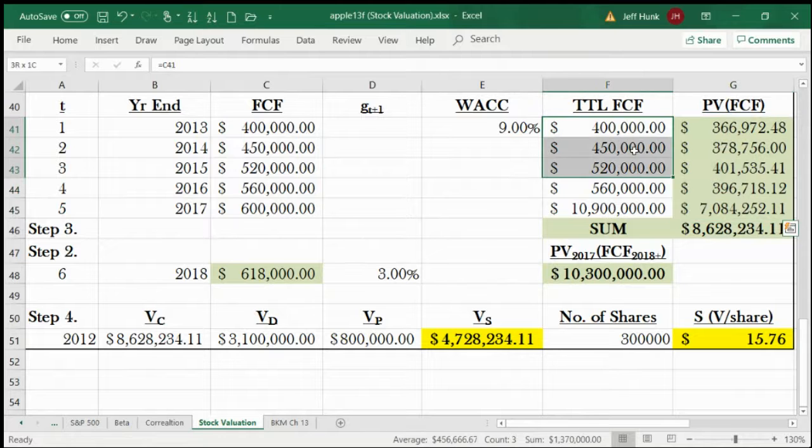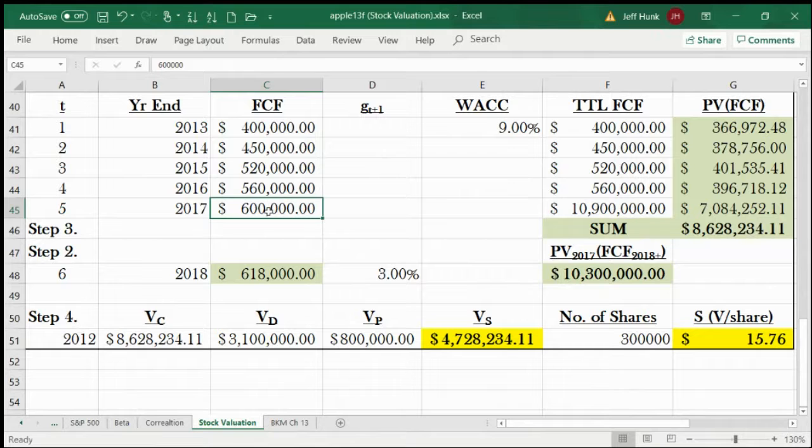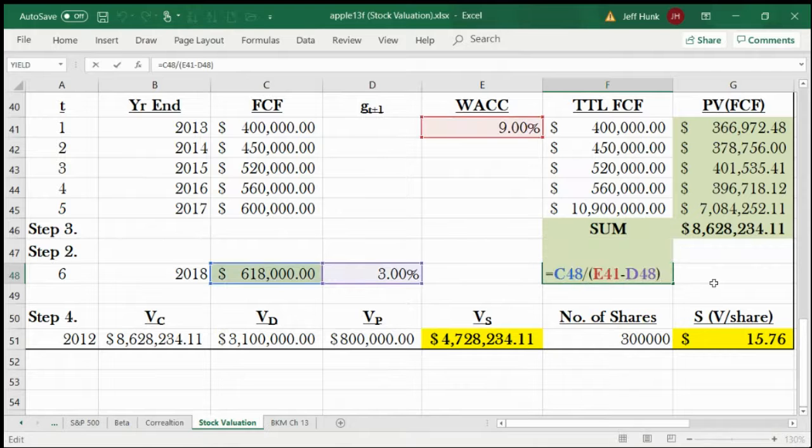Again, this column seems like a duplicate, but it's not, because in 2017 that's not the only cash flow. There is the 2017 value of all the cash flows beyond 2018 and beyond, which was found by the Gordon Growth Model.